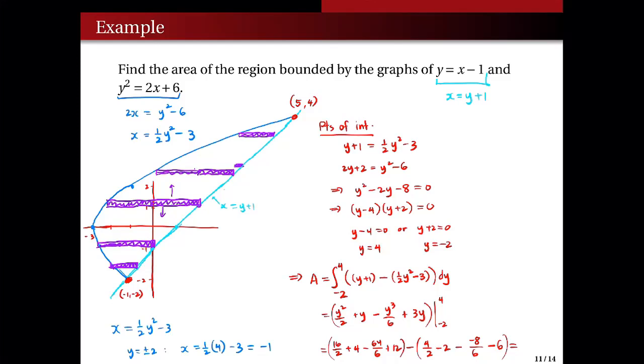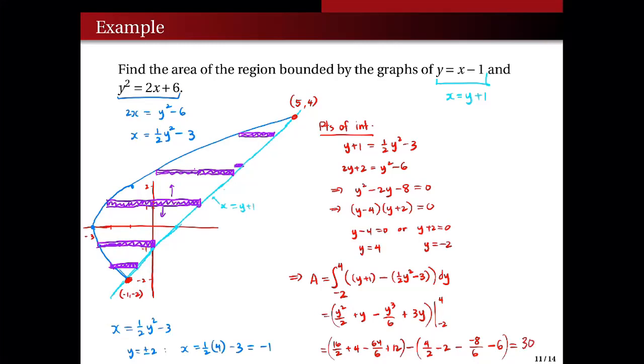So in here we will have 8 plus 4, that's 12, plus 12 in here, that's 24. And then in here, 4 over 2, that's 2 minus 2, so this will cancel each other. And we have the minus 6 here, but we have minus here, so it is again plus. So 8 plus 4, that's 12, plus 12, that's 24, plus 6, that's 30.